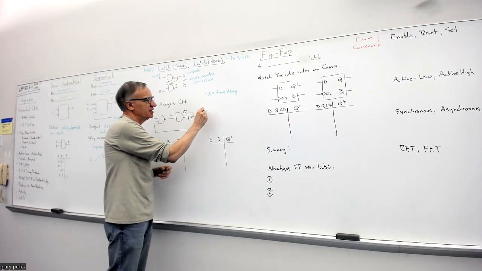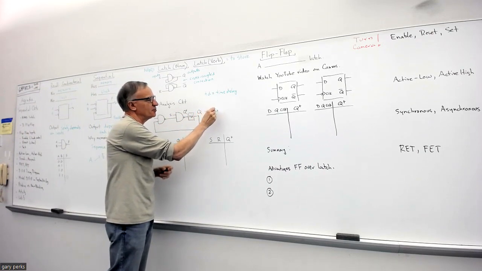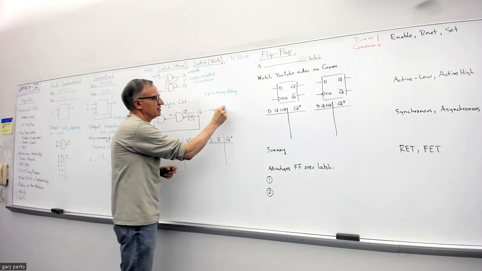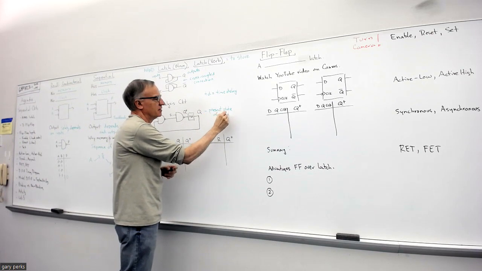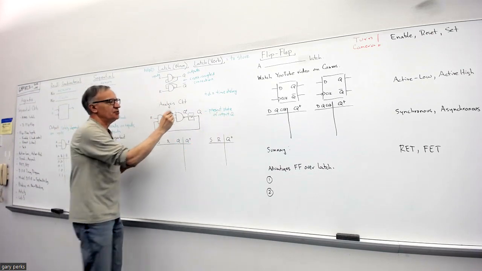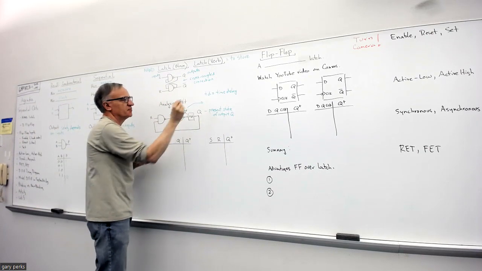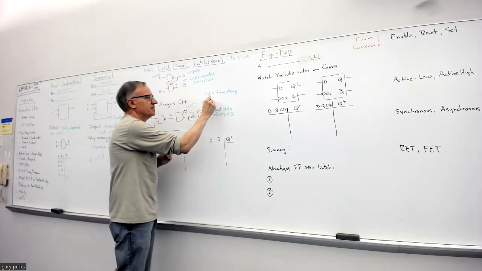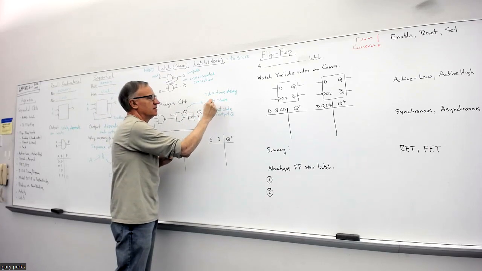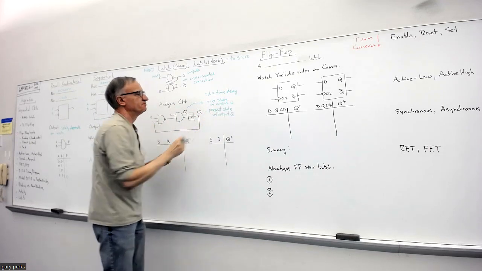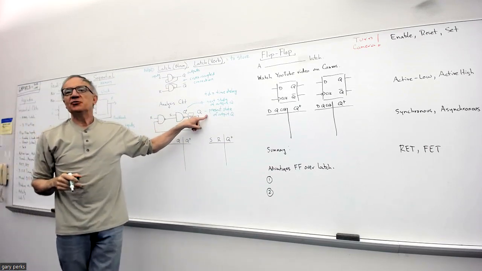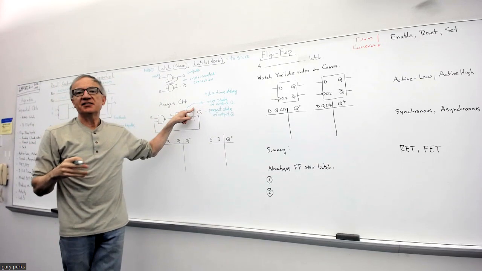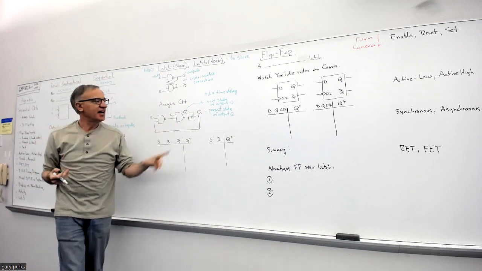This Q is the present state of the output Q. And Q plus is the next state of output Q. So Q is what it is at this time. Q plus is what it's going to be next, after this time.